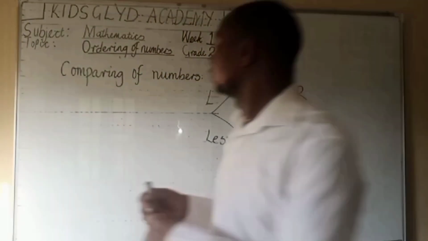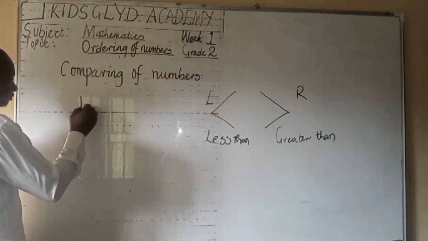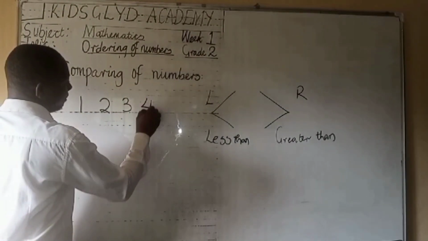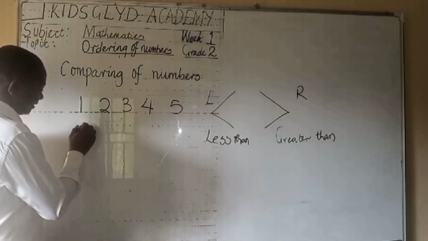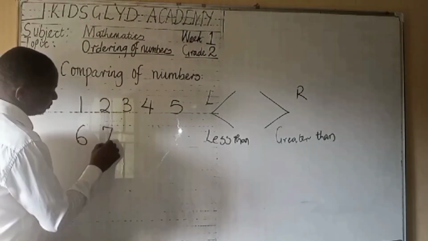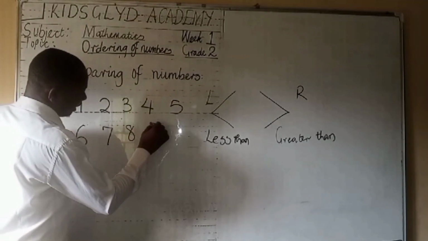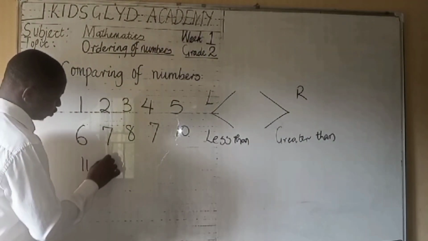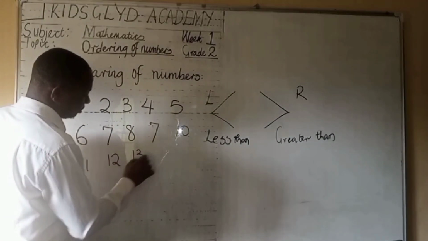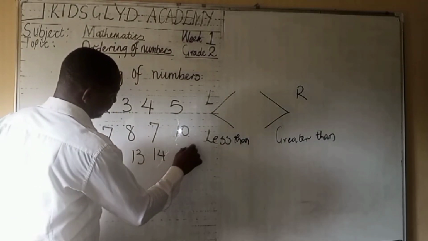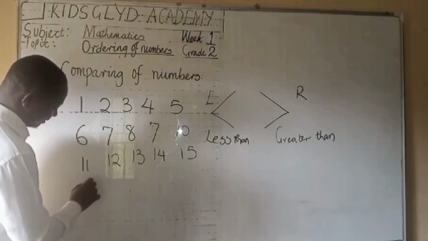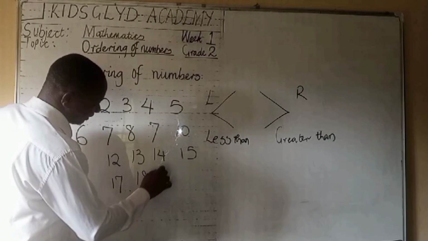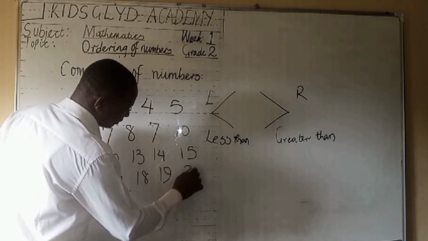Now, let's count: 1, 2, 3, 4, 5, 6, 7, 8, 9, 10, 11, 12, 13, 14, 15, 16, 17, 18, 19, and 20.